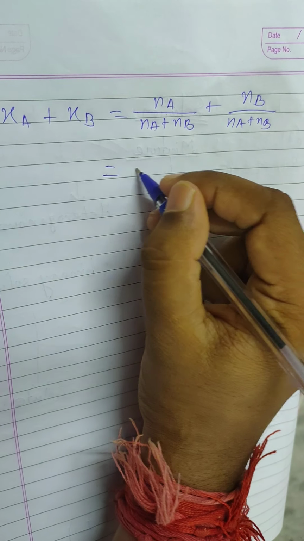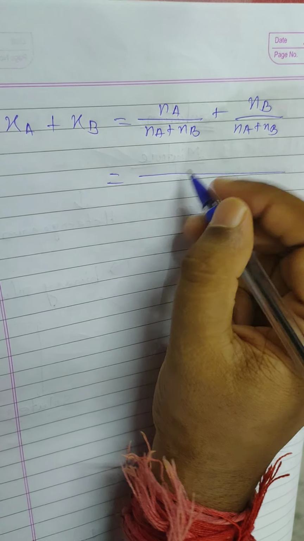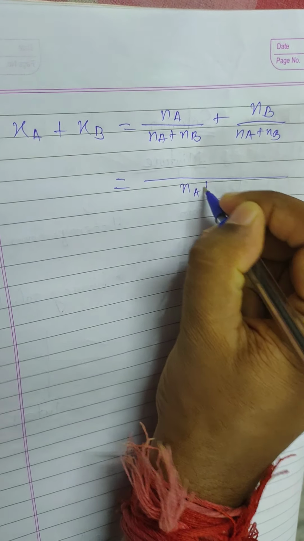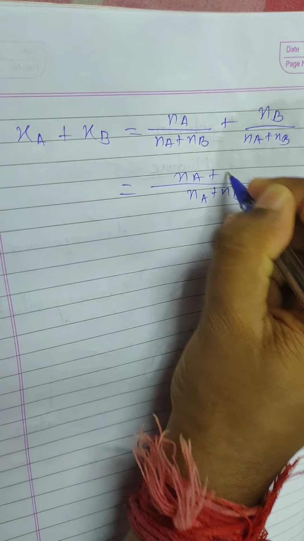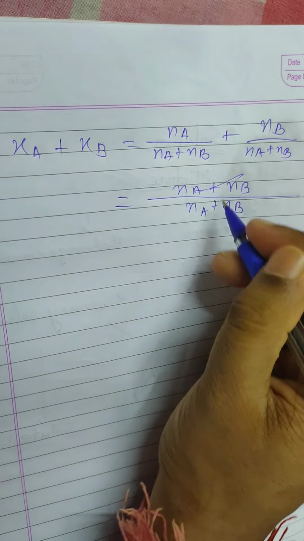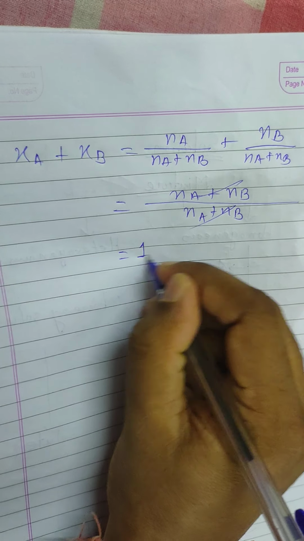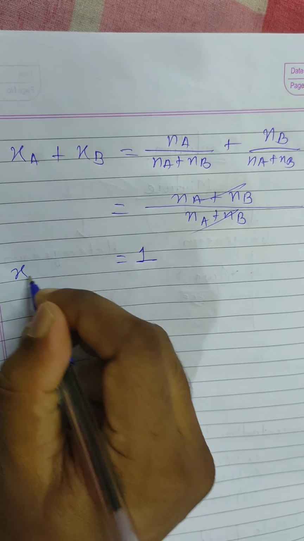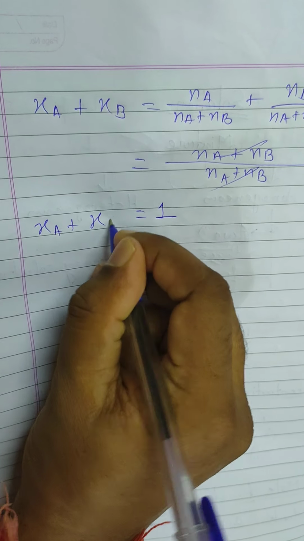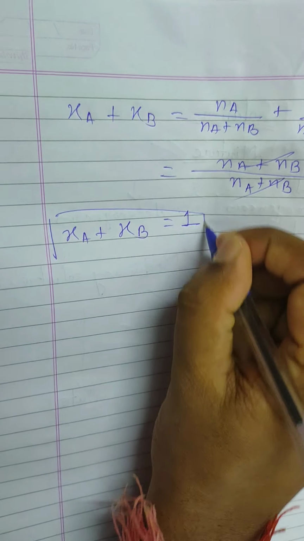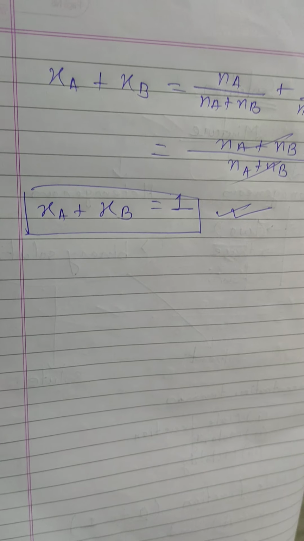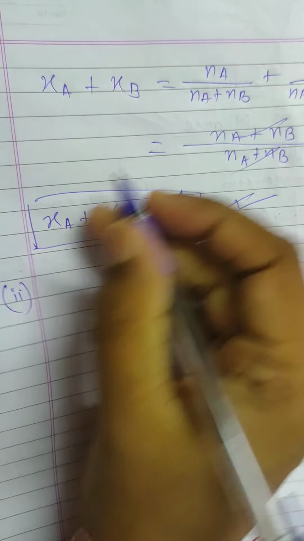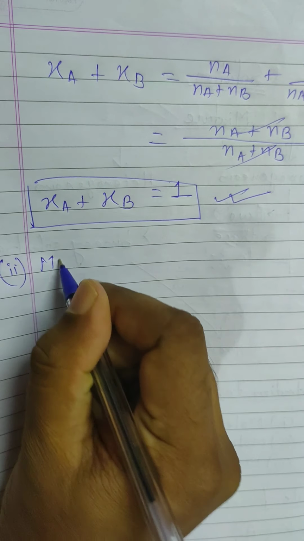If we add these two terms, we get Na plus Nb in the numerator and Na plus Nb in the denominator, and by cancelling both we get 1. So the sum of chi A and chi B will always be equal to 1, and it should be kept in your mind.